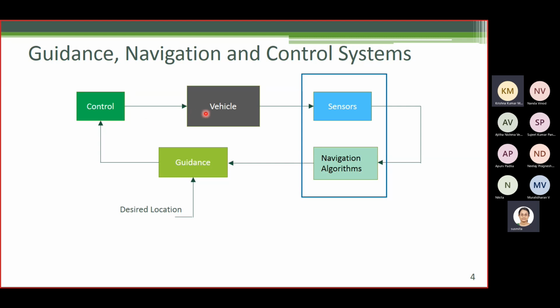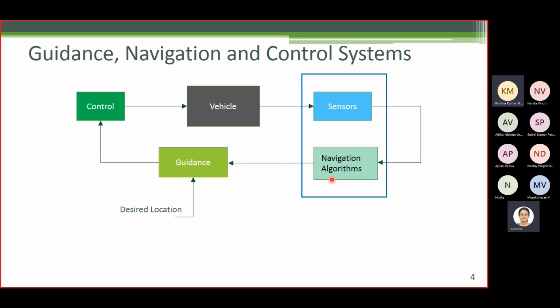Now here we are interested in controlling the vehicle, but it can be any system. It can be a living being also. For example, if we consider the human body, there also we have all these three blocks. So we have 5 sensory organs, right? The eyes, ears, nose, tongue, and skin. So using these sensors, we sense things, and then our observations are sent to the brain.